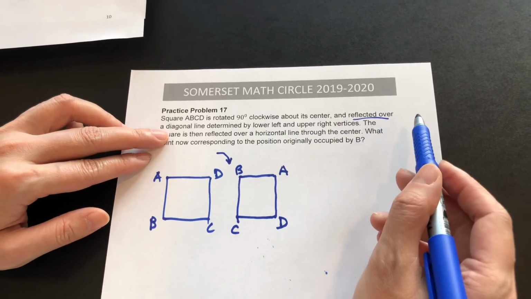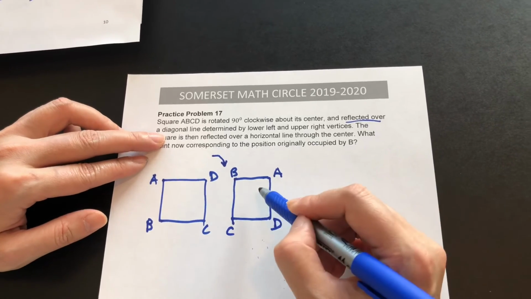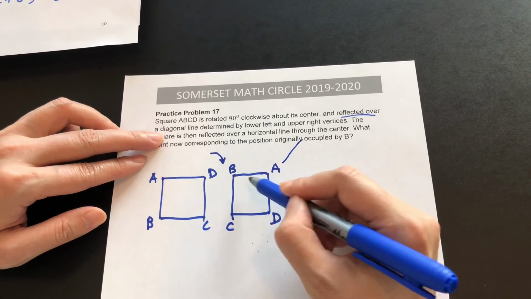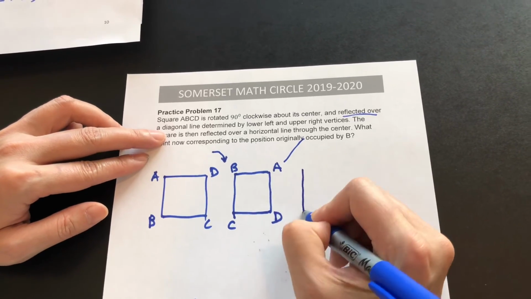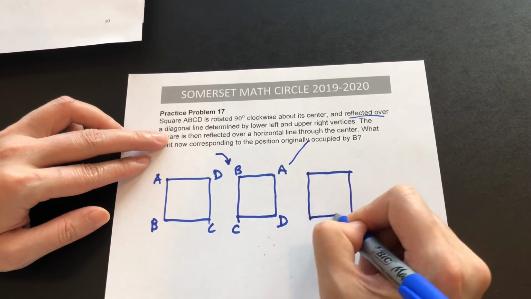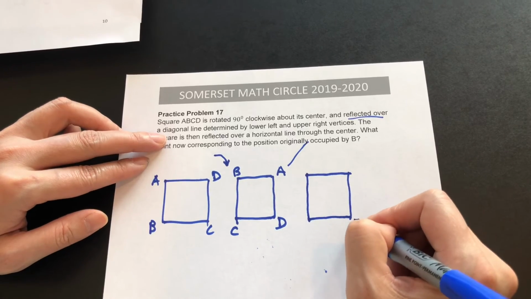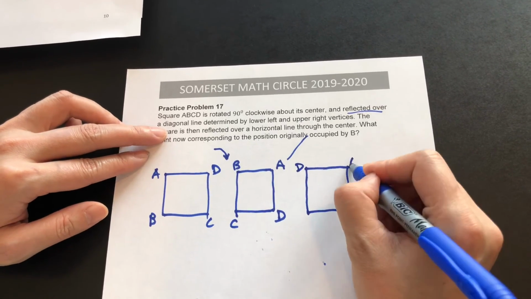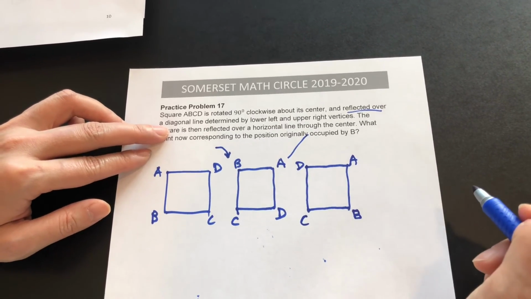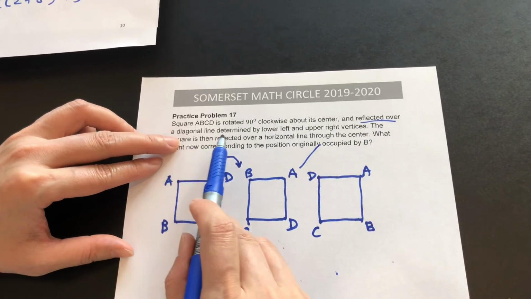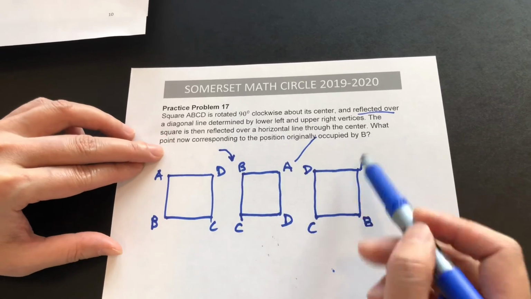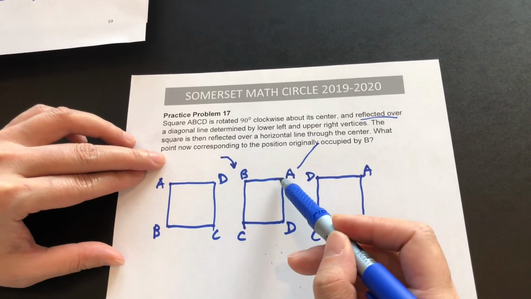And reflected over a diagonal line. That is this way. So flip. So now B is here, D is here. AC is on the diagonal line, so they don't change position. Lower left and upper right.